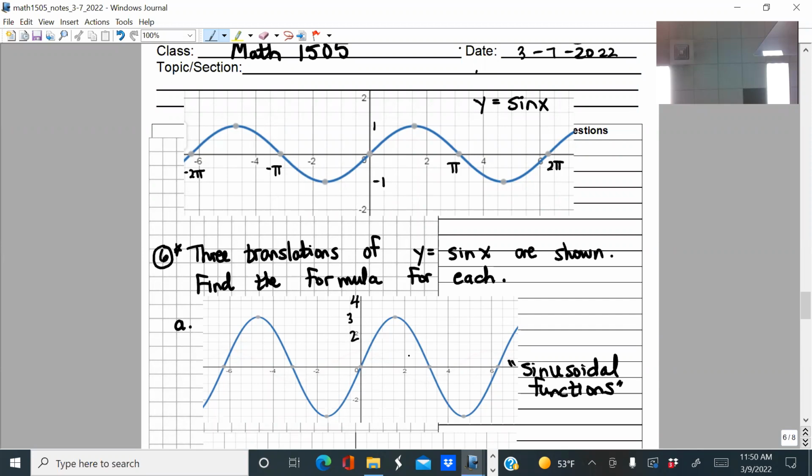But just look at it. Stretch like that. Yeah.